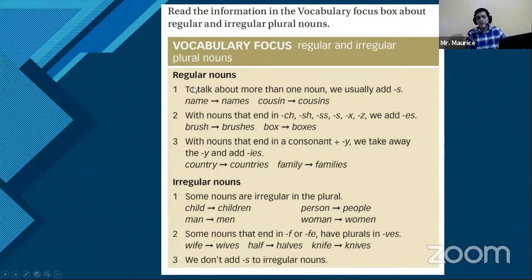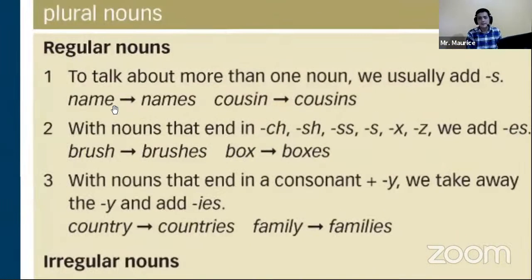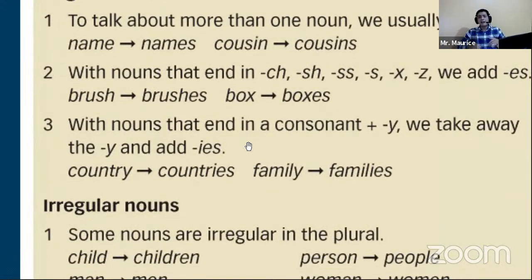And this is part number one. Well, number one, we already know that to pluralize a noun from singular to plural, we use the letter S, like this one. Please, name, names, cousin, cousins. In number two, we have the second suffix.